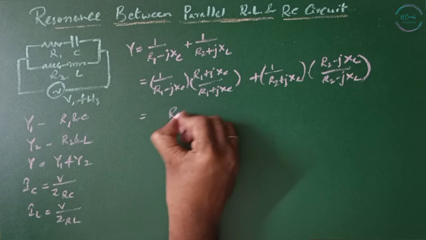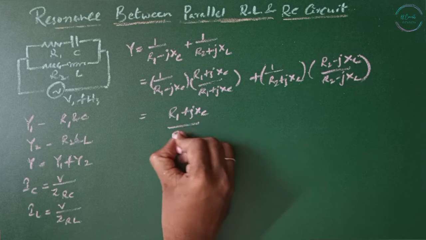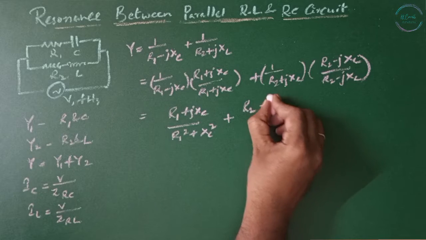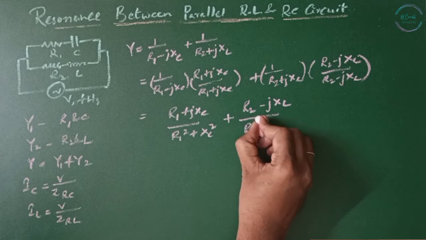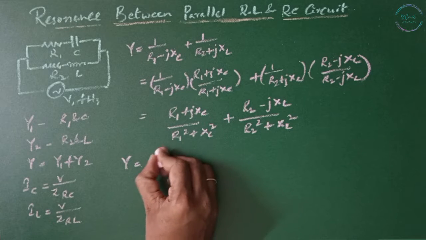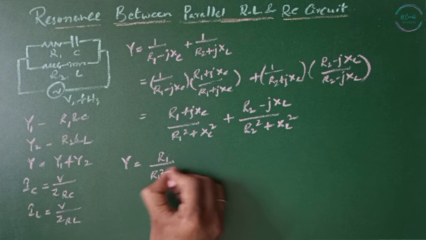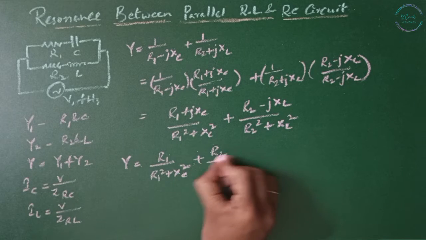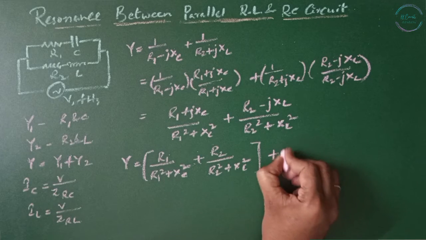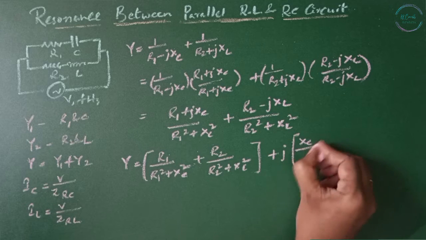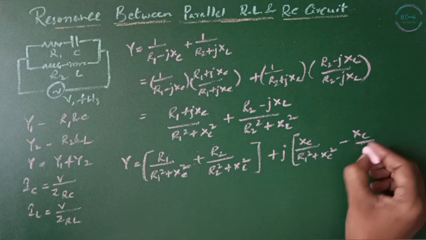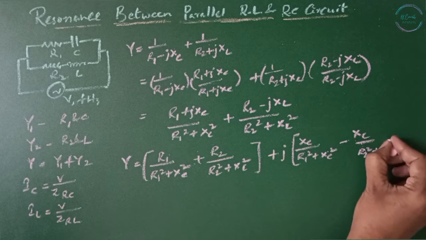Then we get R1 plus J XC divided by R1 square plus XC square, plus R2 minus J XL divided by R2 square plus XL square. Separating real and imaginary terms, we get R1 by R1 square plus XC square plus R2 by R2 square plus XL square as the real term, plus J of XC divided by R1 square plus XC square minus XL divided by R2 square plus XL square.